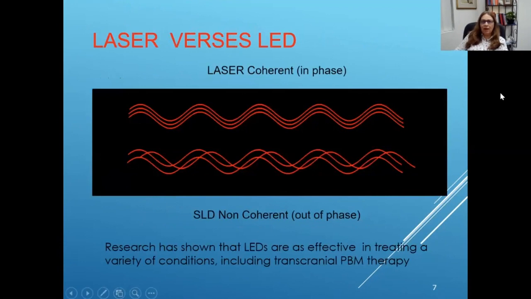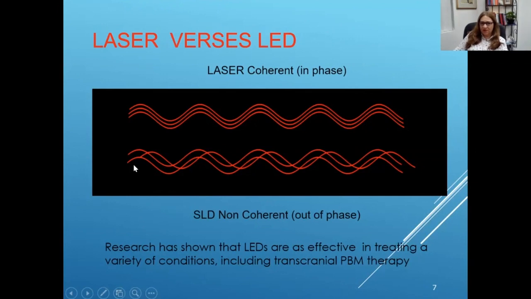And when we talk about lasers versus LEDs, we're talking about lasers that are coherent and monochromatic, so one color, and they're in phase. And so there is the potential of eye damage with a laser.